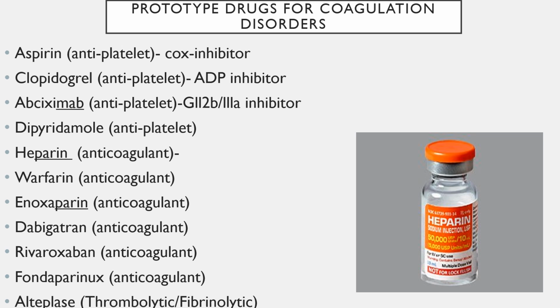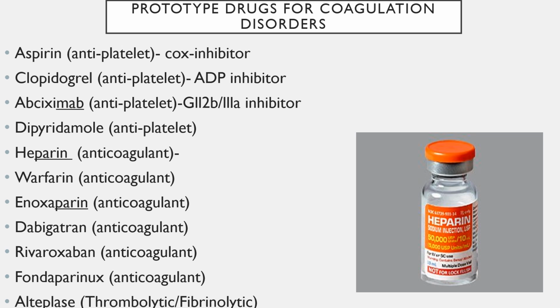Okay, and lastly, we have a drug called alteplase, and we'll talk about it in a slide. And alteplase is in a group of medications called thrombolytics, or another term for them is fibrinolytic. So what's a fibrinolytic? Well, it's a drug that we use to break down a fibrin clot. So if someone has a heart attack, they have a fibrin clot in their coronary artery.